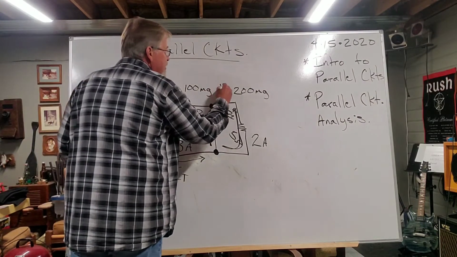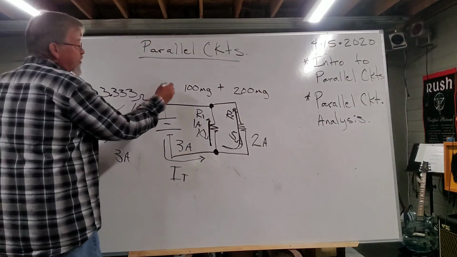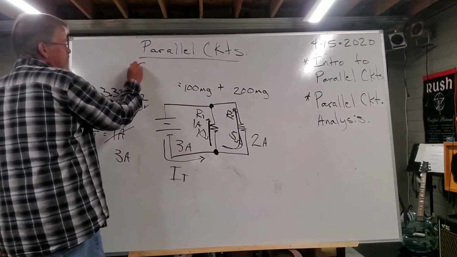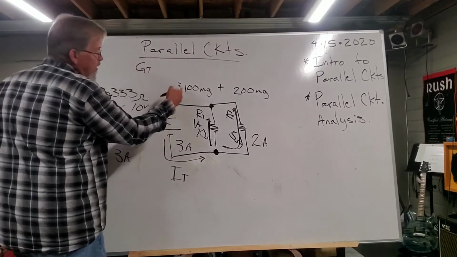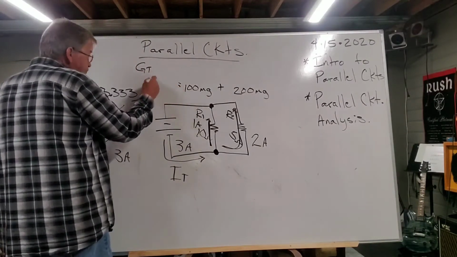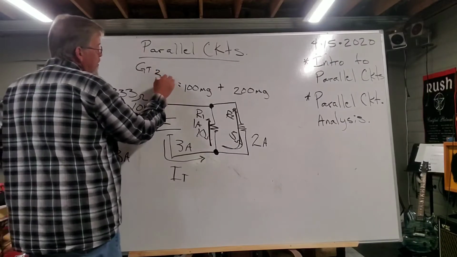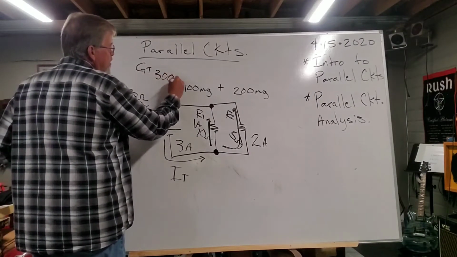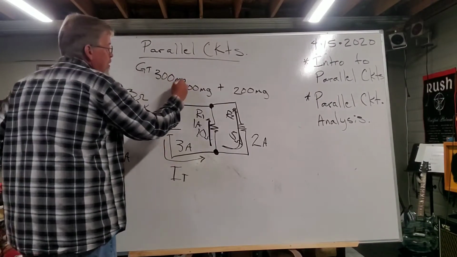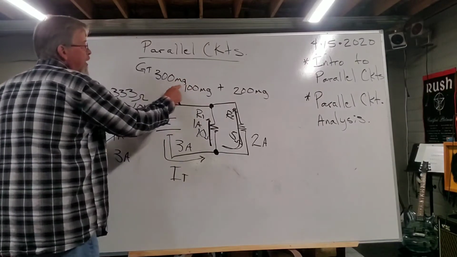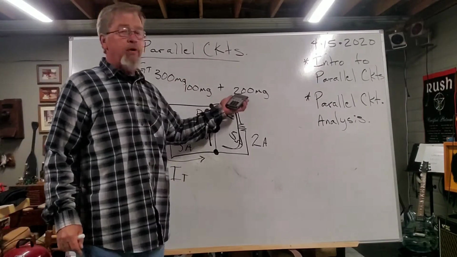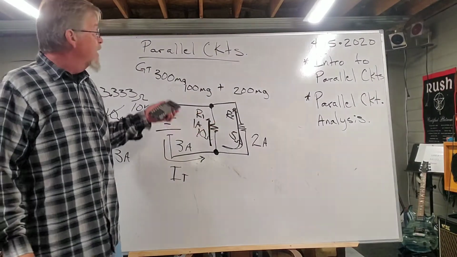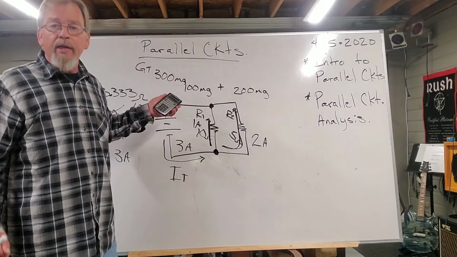So we're going to add this together to give me a total conductance that's equal to 300 millisiemens. 100 millisiemens plus 200 millisiemens gives me the 300 millisiemens.